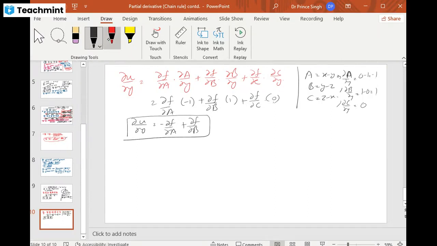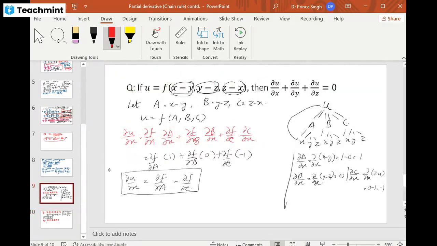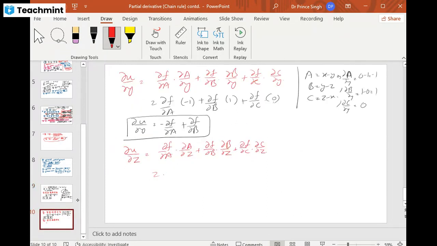And last is the derivative of u with respect to z. So this is equal to ∂f/∂a times ∂a/∂z, plus ∂f/∂b times ∂b/∂z, plus ∂f/∂c times ∂c/∂z, because f depends upon a, b, c and a, b, c depend upon x, y, z. What is the derivative of a with respect to z?